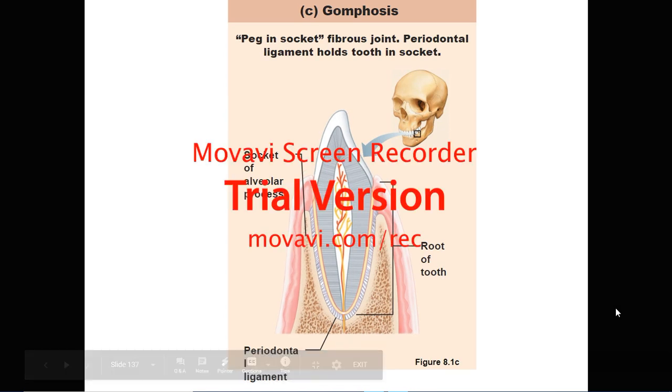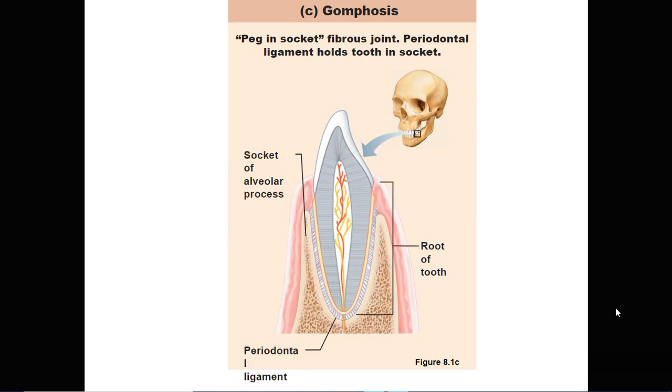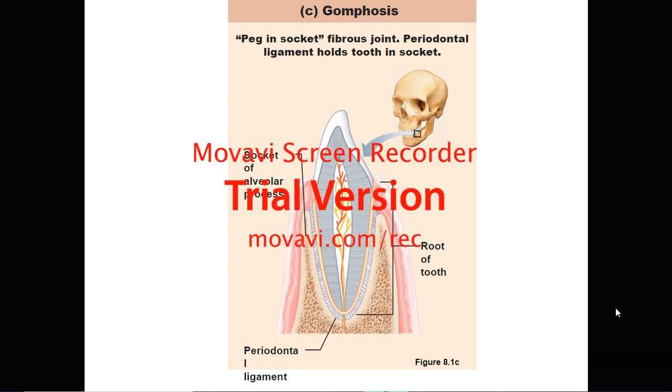The last example of a fibrous joint is gomphosis, and that is a peg and socket fibrous joint. The only example is the articulation of a tooth with its bony alveolar socket. The term gomphosis comes from a Greek term, gomphos, meaning nail or bolt.